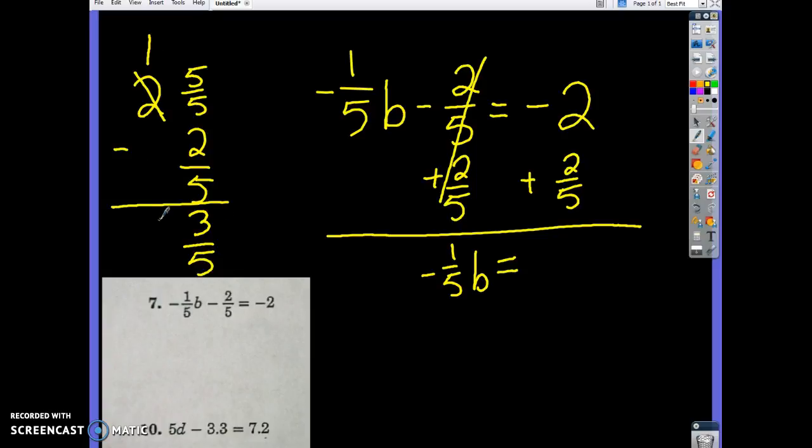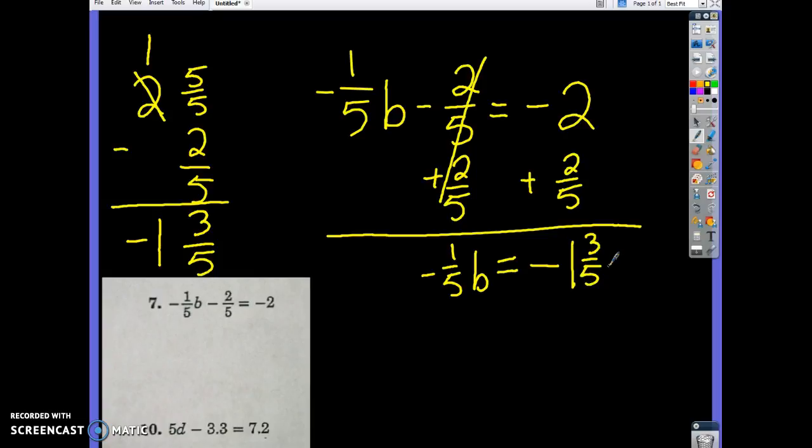Bring down my 1. And since this was my greater absolute value with my negative 2, my answer will be negative there. I've got a negative 1 and 3/5.